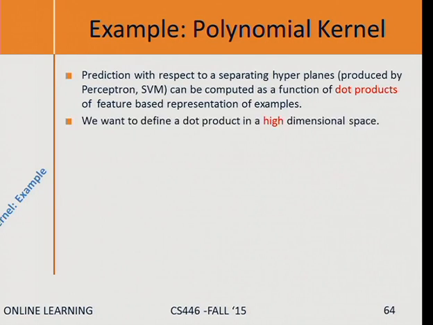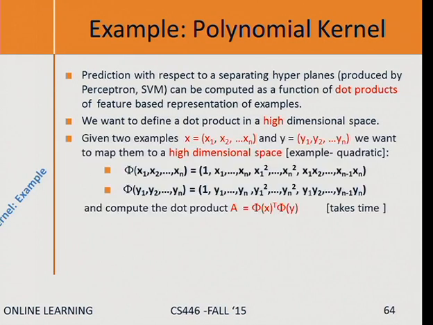So the trick here is going to be that I need to compute this dot product in a high-dimensional space as follows. Given 2 examples, X and Y now, I want to map them to a high-dimensional space. I'm going to give you another example of a quadratic mapping.